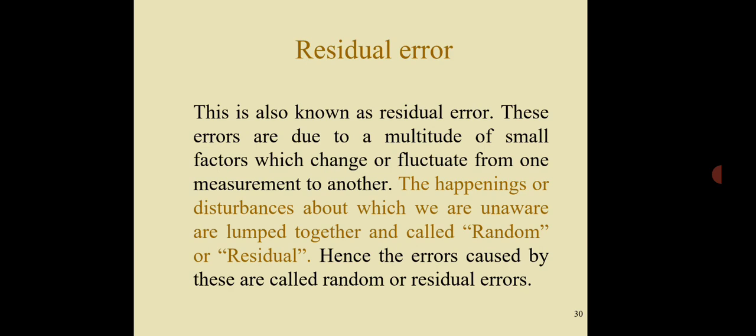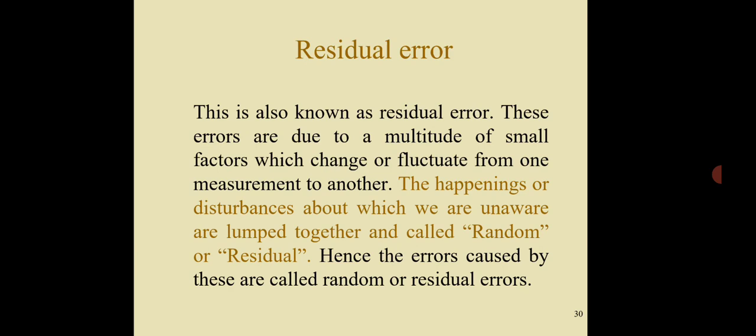Due to some disturbance, I am getting a fluctuation from one measurement to the other. It can be based upon airflow, or upon unnecessary material or dust particles placed there. That gives rise to a residual error or random error.